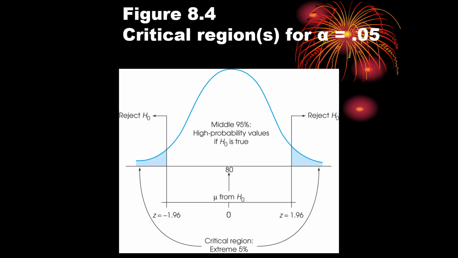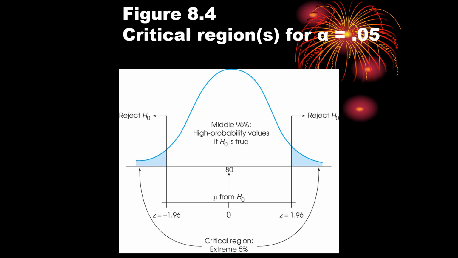Okay, so alpha level 0.05 is 5%. That's the amount of probability that we're willing to accept of incorrectly rejecting the null hypothesis. And in this particular case, we're taking that 5% and we're dividing it up and putting it into both tails of the distribution.